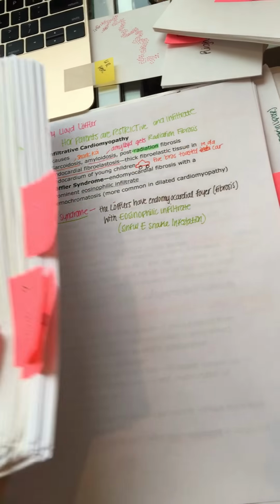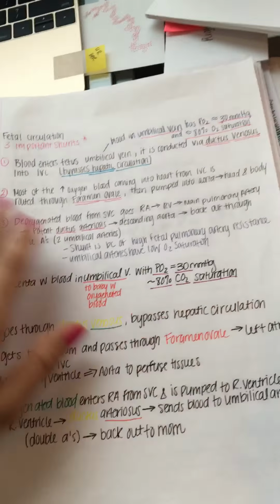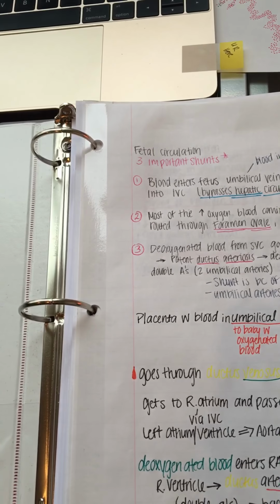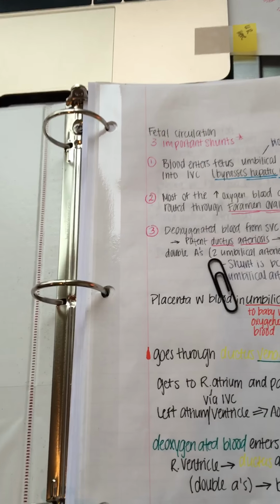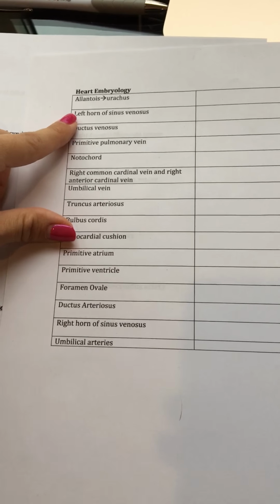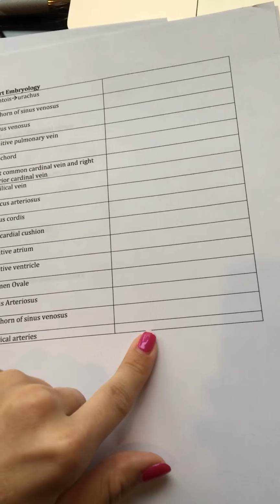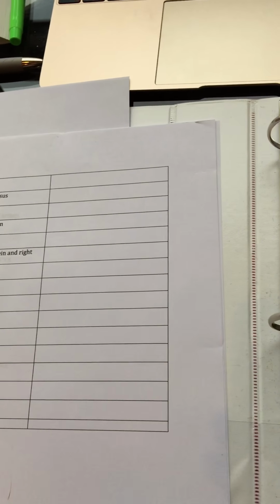So after all that, when I feel comfortable with the sections I've covered, I make myself quizzes. So here's all the embryological things, and on this I write what they arise from, or what they turn into, and then what these arteries supply.